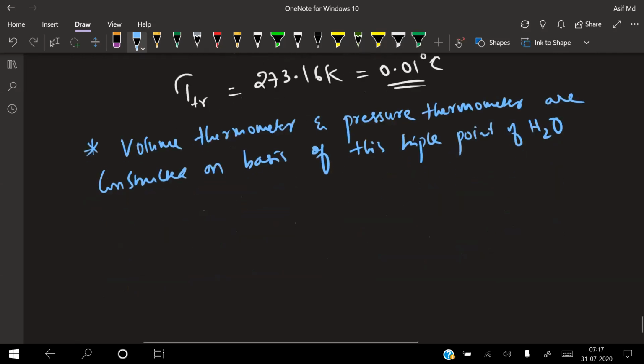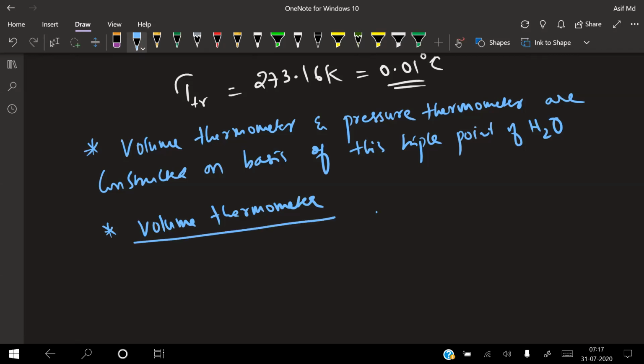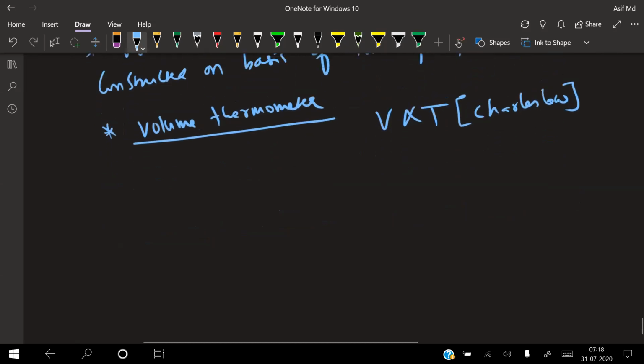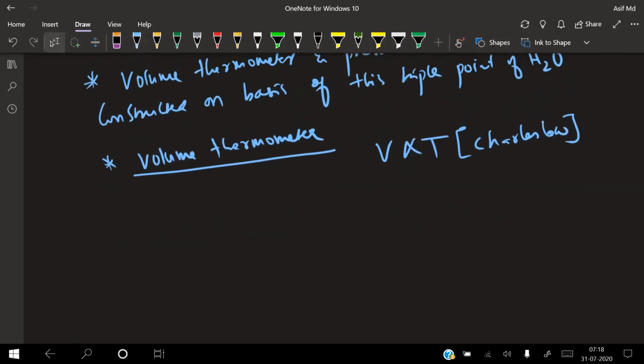Like if I'm talking about the volume thermometer, that means volume is directly proportional to temperature. This law is known as Charles law. This generally we do in the expansion of gases, but right now I'm doing it here itself. So for the volume thermometer, volume must be directly proportional to temperature, keeping the pressure and mass of the gas constant.